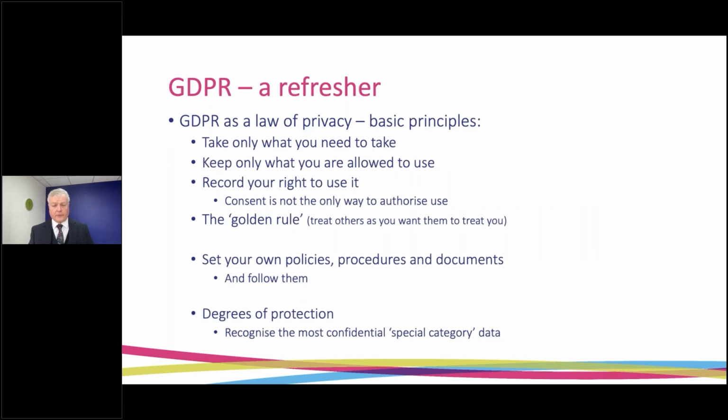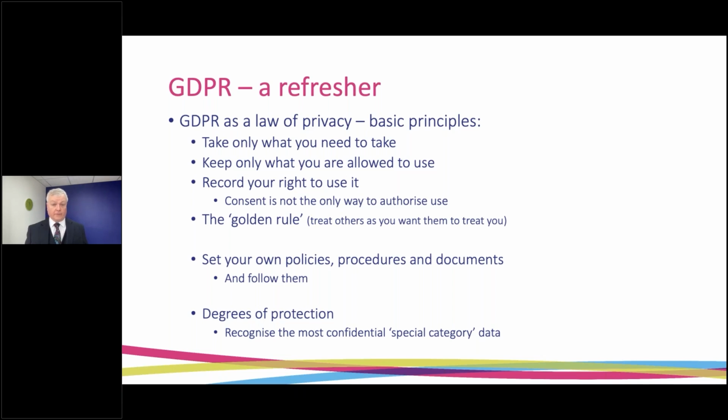So to look at these specific legal obligations, these are some of the basic principles of GDPR. You should take only the information about people that you need to take. You should only keep information that you are allowed to use. And this next point is one of the things that was new in GDPR over our previous data protection regime.